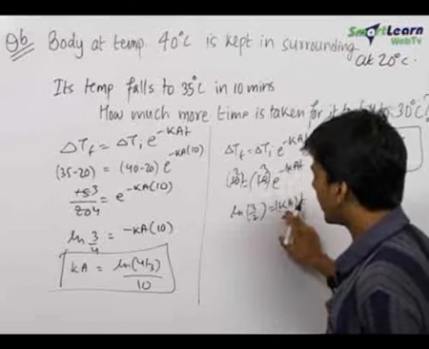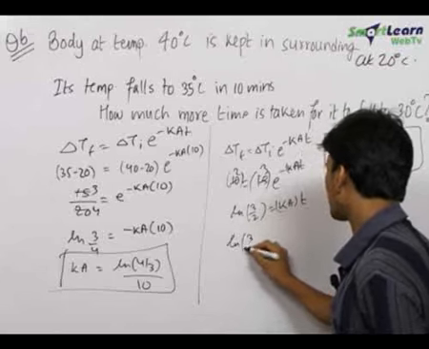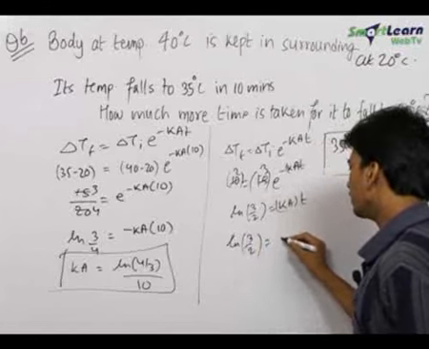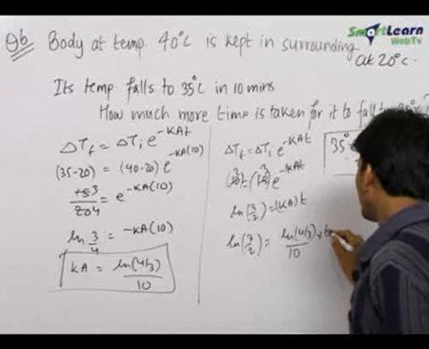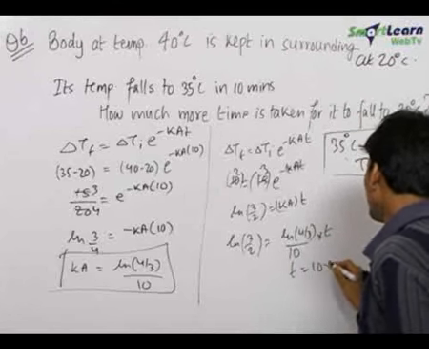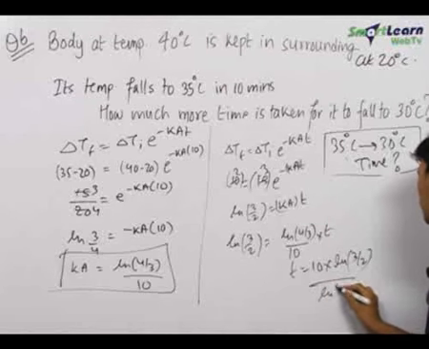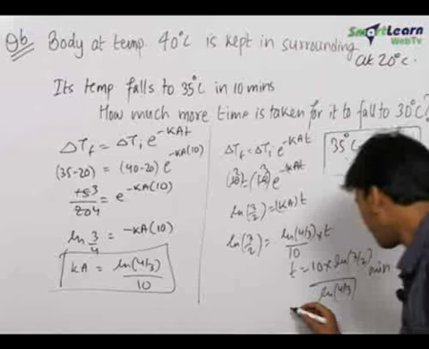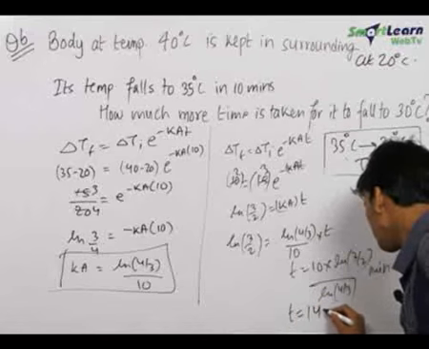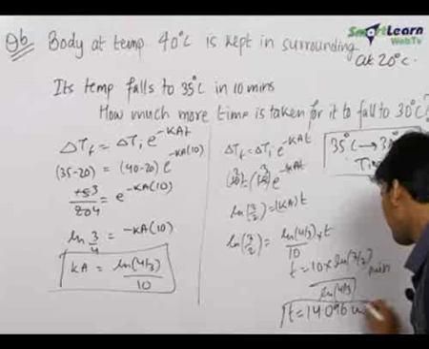We know the value of KA already. If we substitute it here, ln of 3 by 2 is equal to ln of 4 by 3 upon 10 into t. Therefore, t is equal to 10 into ln of 3 by 2 upon ln of 4 by 3 minutes. On solving this, we get the value of t to be equal to 14.096 minutes.